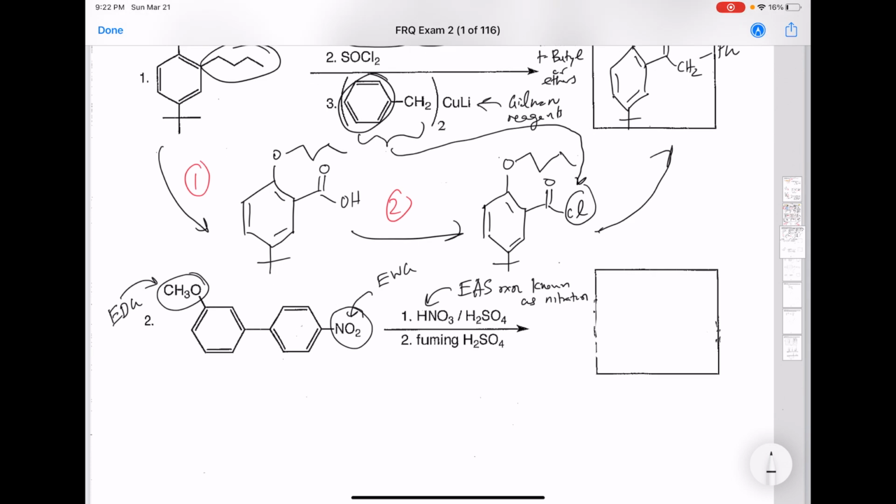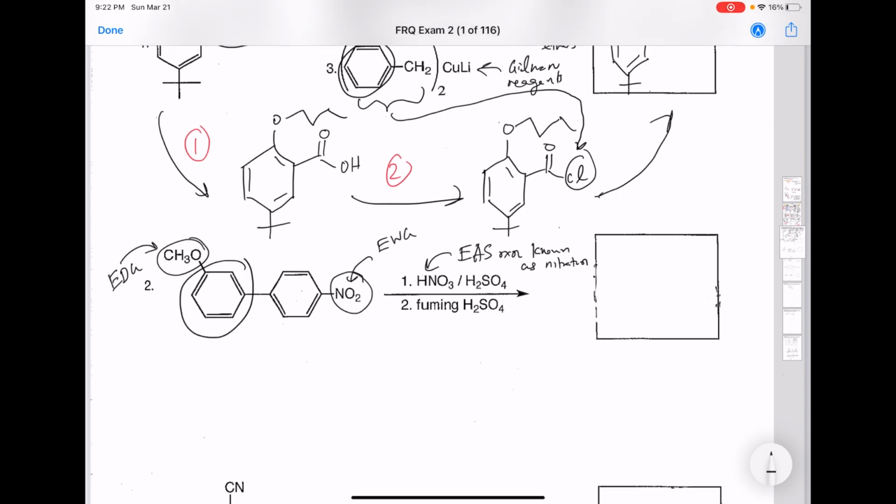If we have an electron donating group on one ring and an electron withdrawing group on another ring, this methoxy group will provide electron density to this benzene ring right here, and that will cause this ring to be more activated than this ring, because this ring is losing electron density to this electron withdrawing group. This electron withdrawing group is basically sucking the electron density out of this ring right here. And so this ring becomes more activated than this ring.